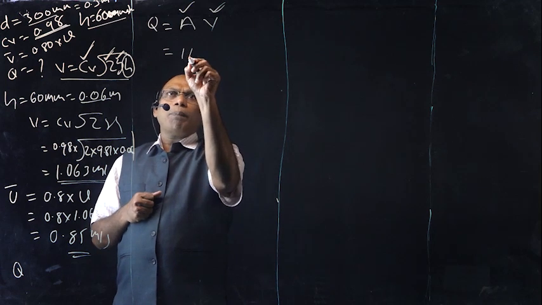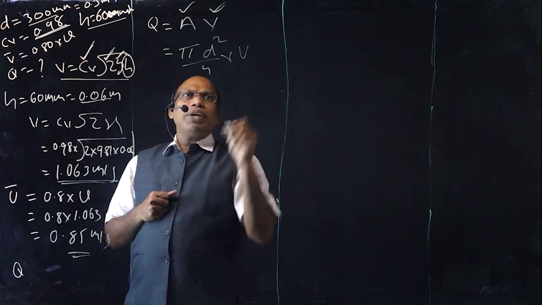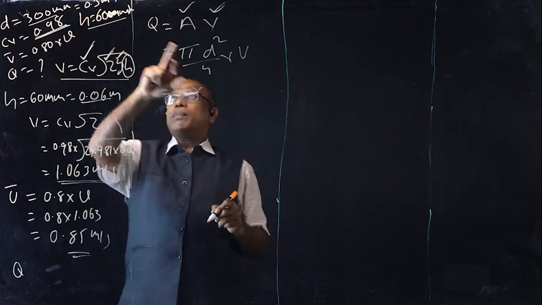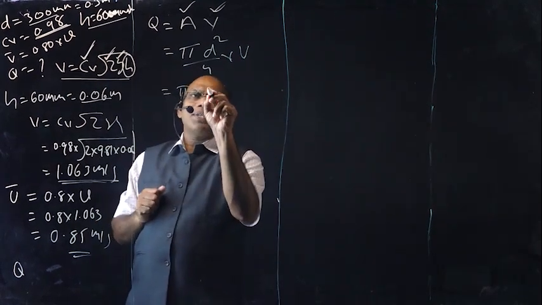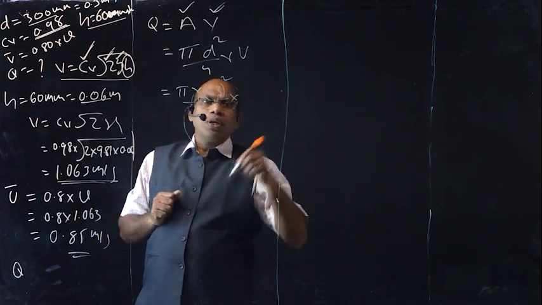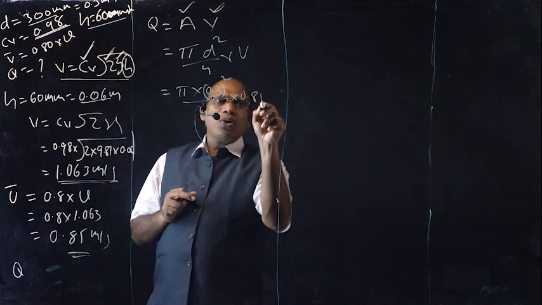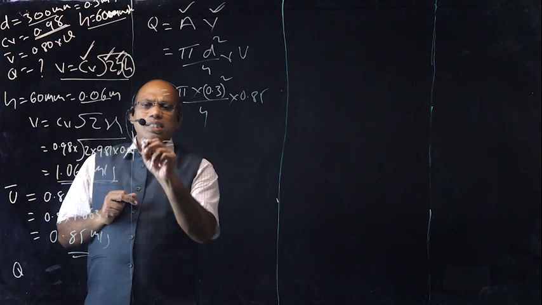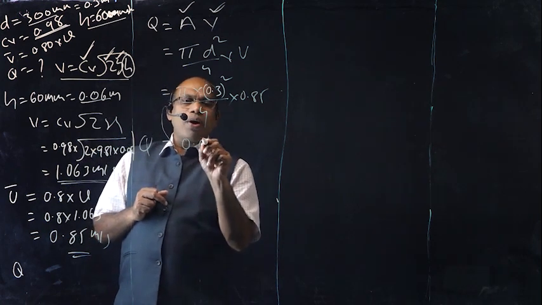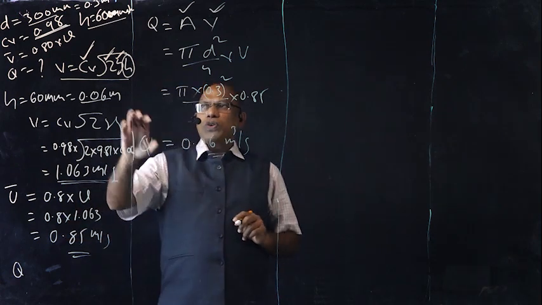Therefore, A is equal to pi d square by 4, into V. Therefore, pi into 0.3 square divided by 4 into the mean velocity 0.85. Finally, the discharge flowing through the pipe Q is equal to 0.06 meter cube per second. This is the rate of flow through the pipe.